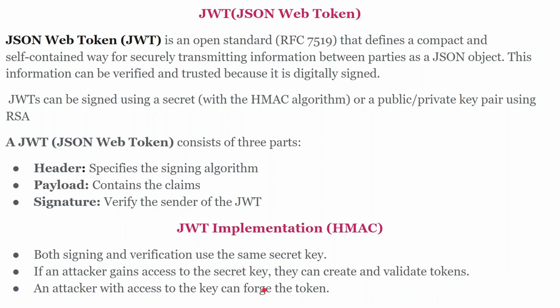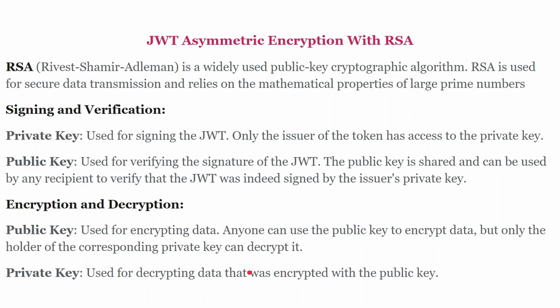To avoid this token tampering and forging, we have something to eliminate this, which is called RSA. When we use RSA asymmetric encryption with JWT, we will not be giving any option for the anonymous attacker to forge or tamper the token.